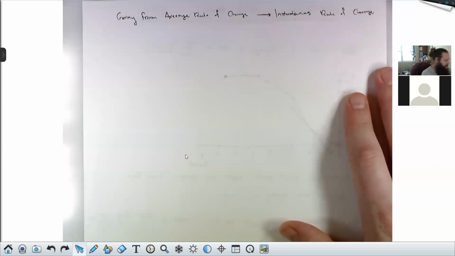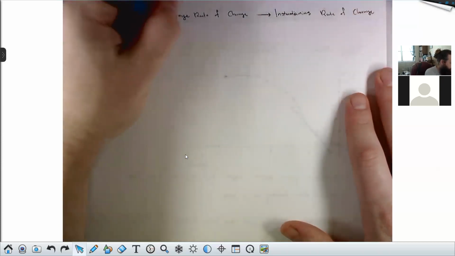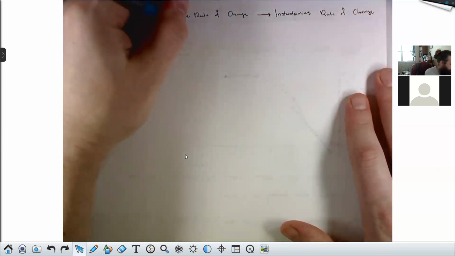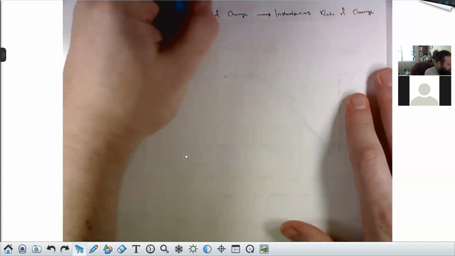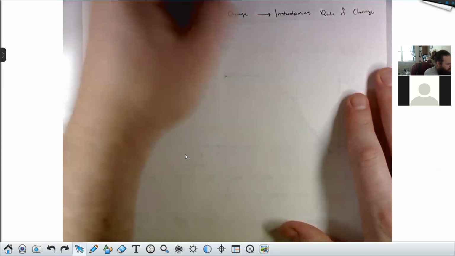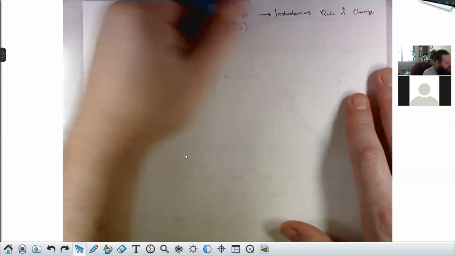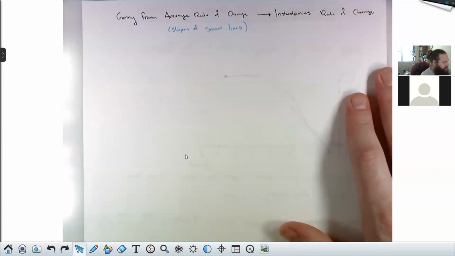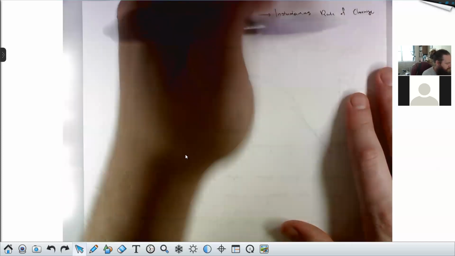Average rate of change, these are secant lines. And the instantaneous rate of change, these are slopes of tangent lines.